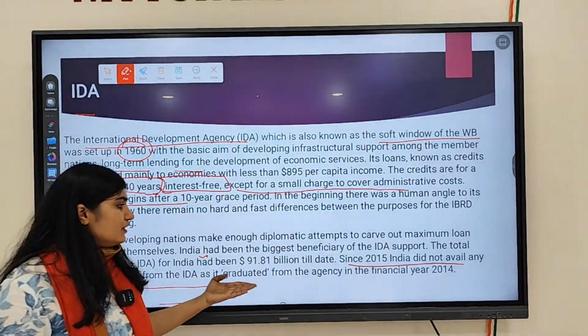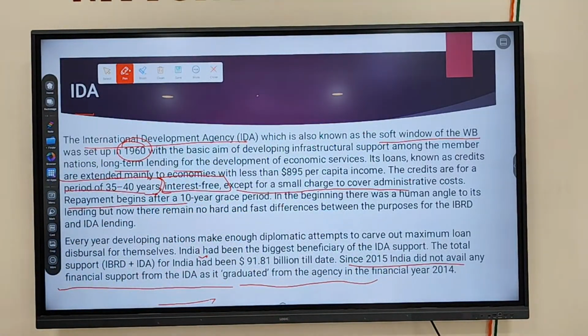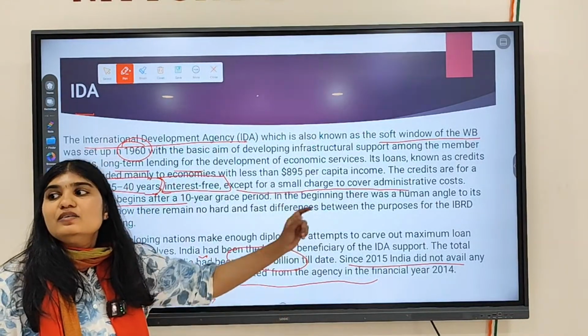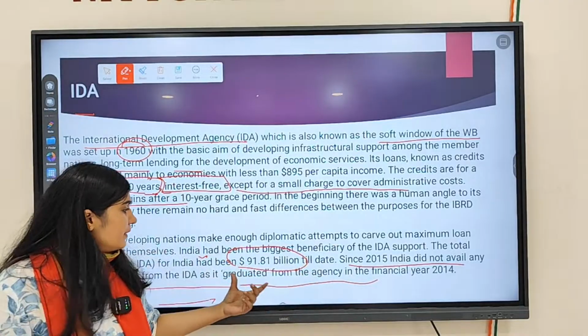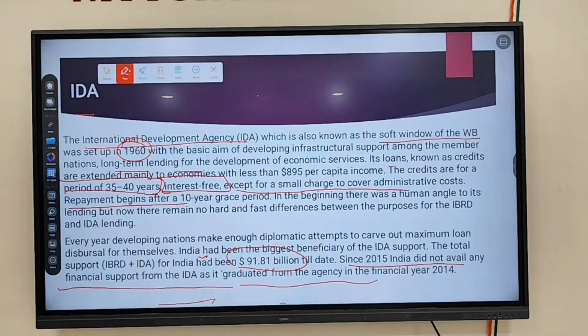It graduated from the agency in the financial year 2014. Till date, IBRD plus IDA both have supported India. They have granted this much loan till 2015, meaning $91.81 billion we took as a loan from IDA plus IBRD. After 2015 onwards, we didn't take any kind of loans.